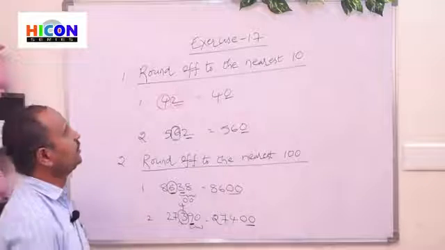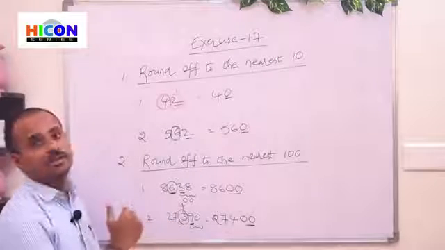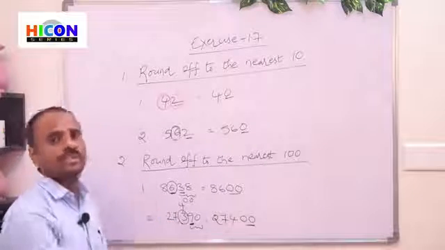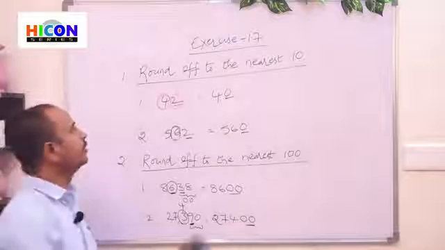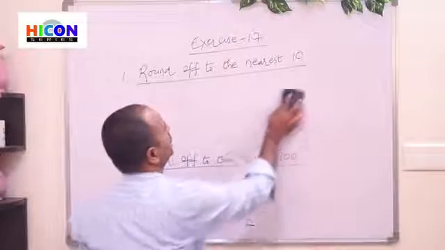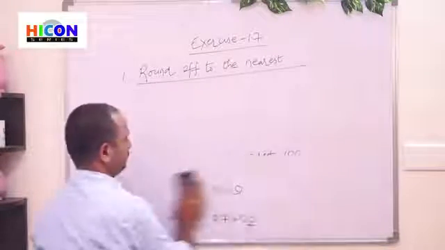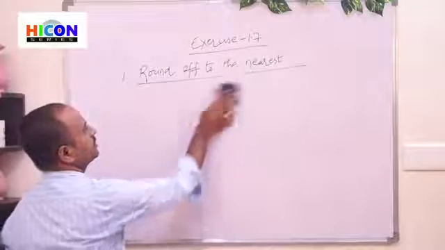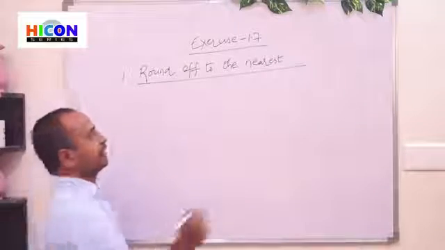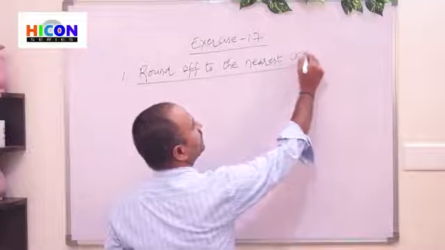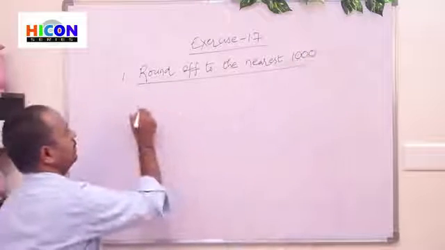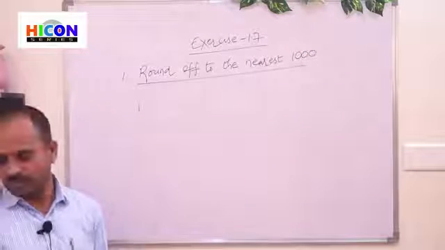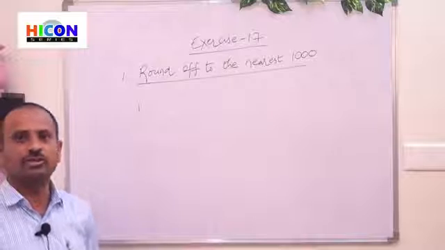So now we will do some problems on rounding to nearest 1000. So children, see some problems on rounding off to nearest 1000. Let us practice some problems. So rounding off to nearest thousands.